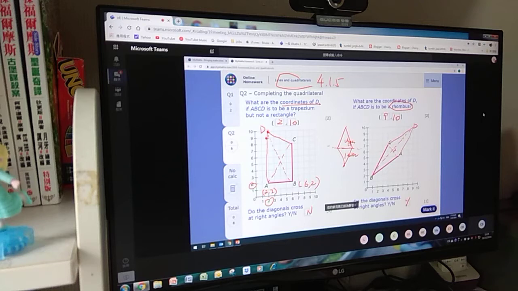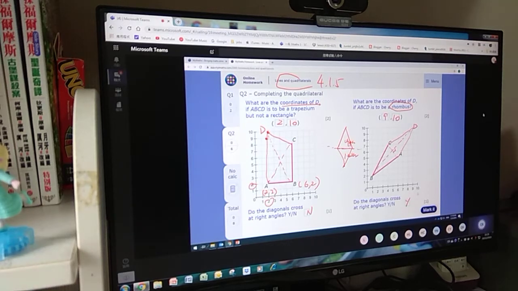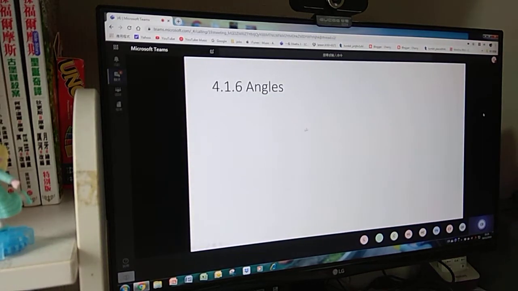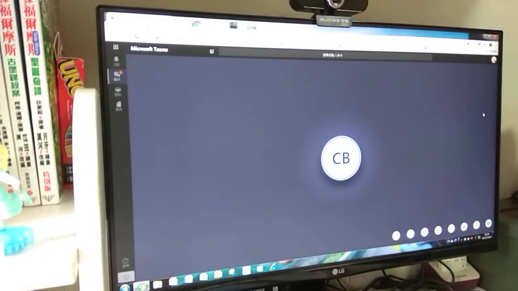So if you have no more questions, then I will move on to 4.1.6, which is the concept about the angle. I have to use the view page of the My IMAX, so you wait for a moment. Okay, so I open the My IMAX first.